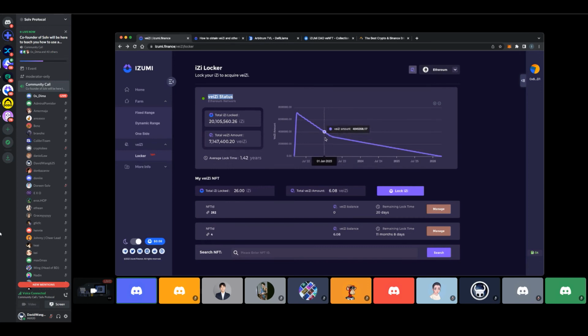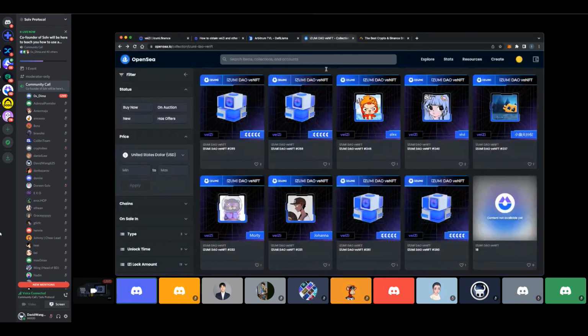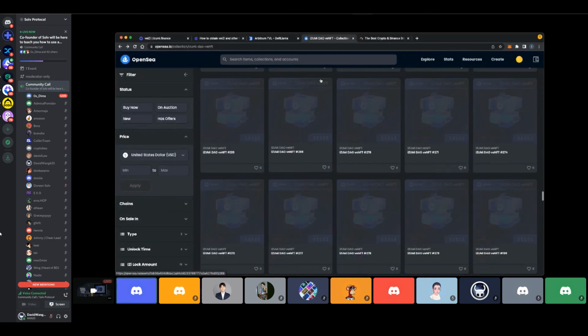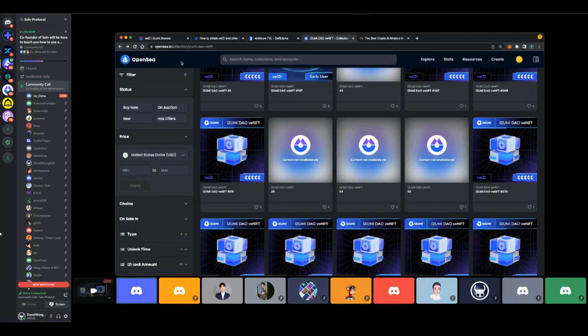So basically, you don't receive any VE token. You receive an NFT, and in your NFT, you see the locked amount and the lockup time. I can show you where you can see it. Let me show you, for example, the OpenSea collection of IZUMI DAO VNFT.